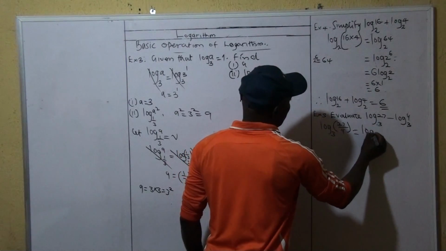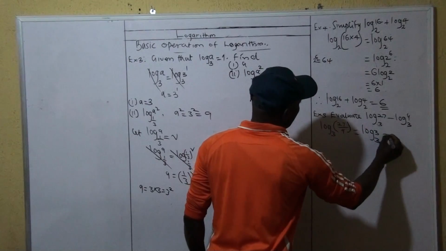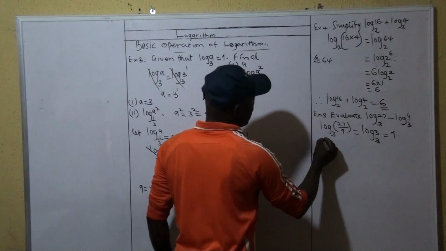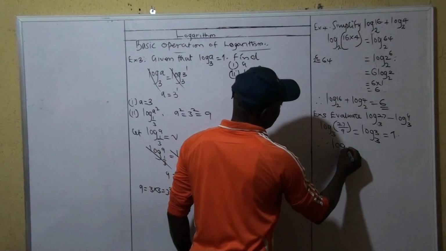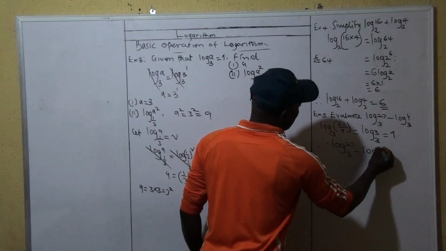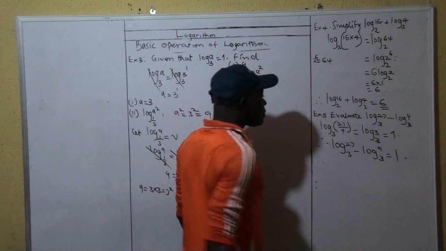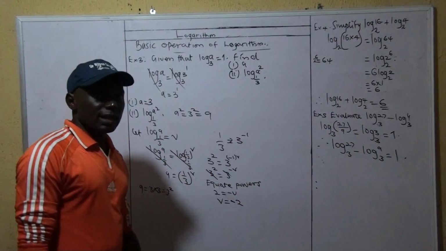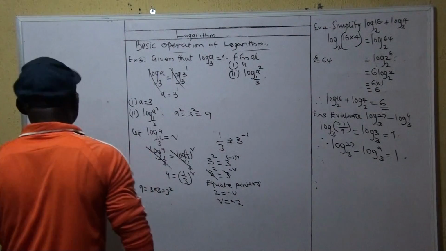So we have log base 3 of 3, and our answer becomes 1. Therefore, log base 3 of 27 minus log base 3 of 9 is equal to 1. So these are some of the basic operations of the logs.